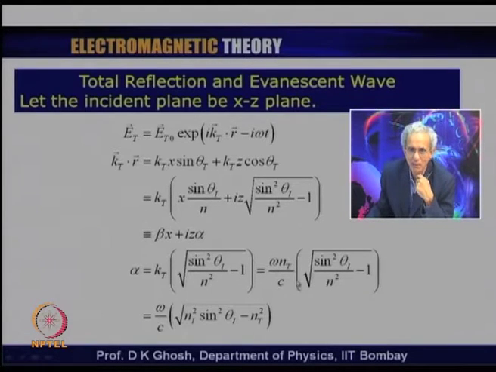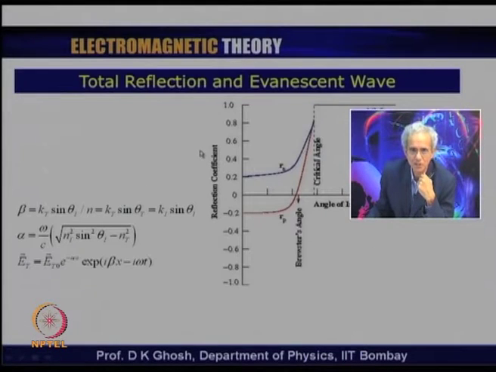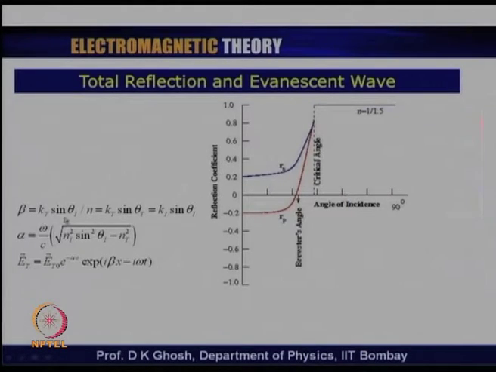Remember that it is omega by the velocity in that medium, and I have simply taken this n out, so that I write this as omega by c times root of n I square sine square theta I minus n t square. So, I have got a part of this, beta, which is real. When I plug this in, I get a propagation vector beta, given by k t sine I by n, which you can work out is nothing but k t sine t, which is equal to k I sine I.